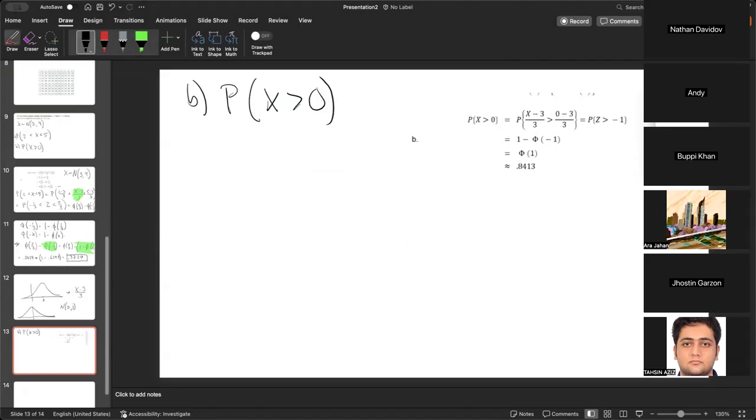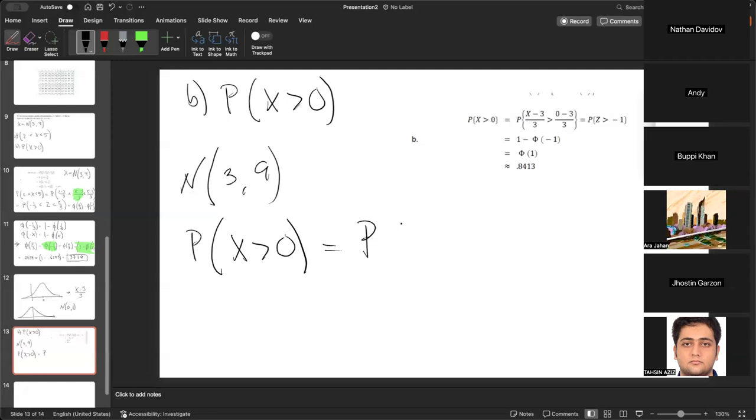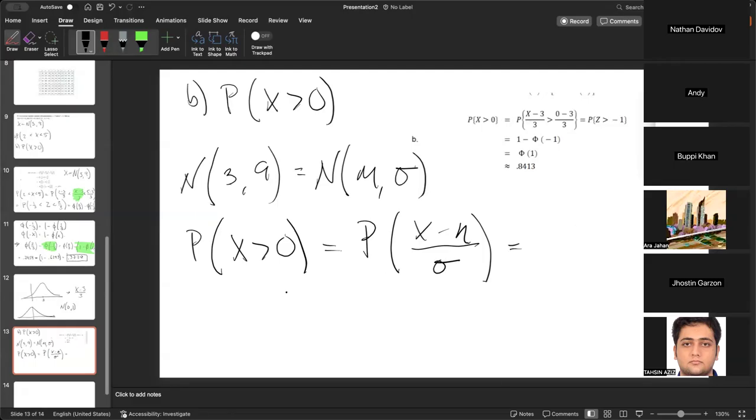Okay, so in order to do this, since we're not using the standard distribution, we're using N of 3 comma 9. So in order to find this answer, we have to normalize x. I'm going to subtract mu, and divide by sigma.